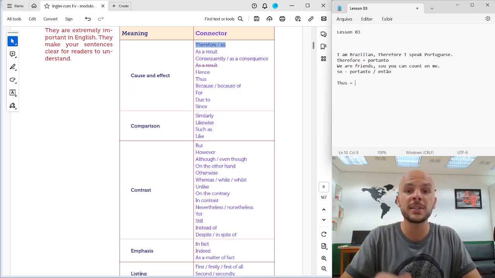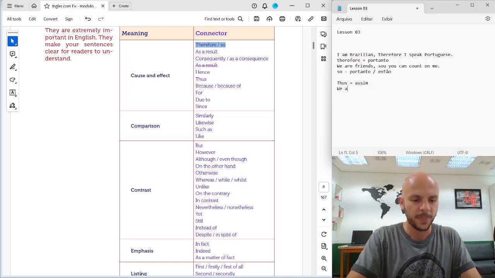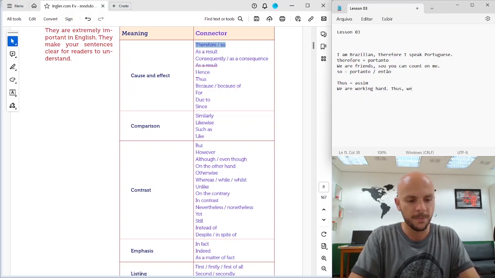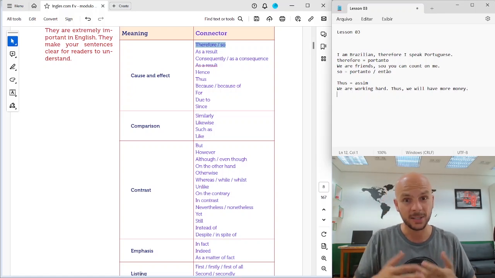Thus, the best translation for me is assim. We are working hard. Thus, we will have more money. So, thus, assim, as a consequence.